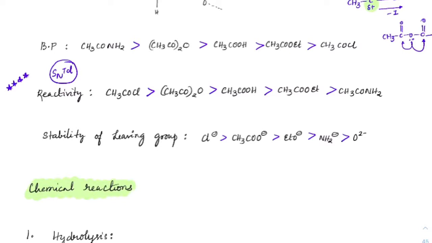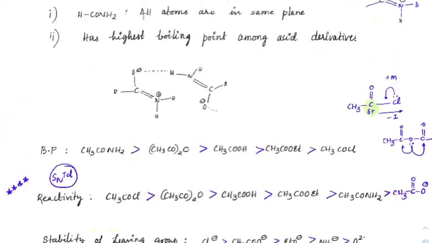If at all I have to write the reactivity further, CH3C=O O minus, this is the worst. You will hardly see any nucleophilic additions on this. So removal of O minus as O2 minus is very difficult. I guess this point is clear.